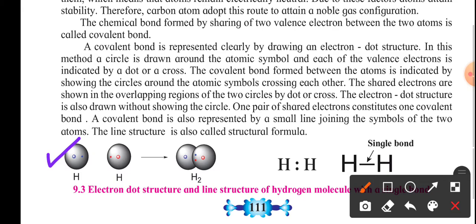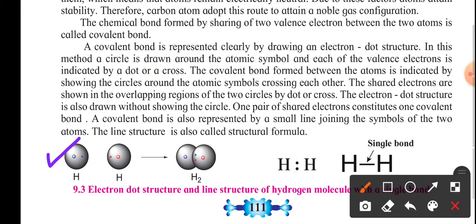Ionic bonds are where transfer of electrons takes place from one atom to another atom, and charged ions, cations and anions, are formed, which attract each other and form the ionic bond. Whereas in covalent bonding, there is sharing of electrons. Two atoms share electrons to complete their duplet or octet.